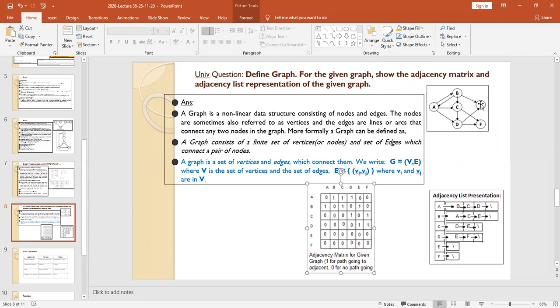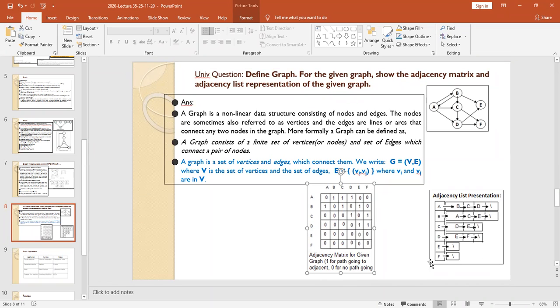So come for the E. E is not having anything going to any other nodes. So for E you put all zeros, for F also all zeros. So now this is the adjacency matrix. 1 for path going to adjacent, 0 for no path.